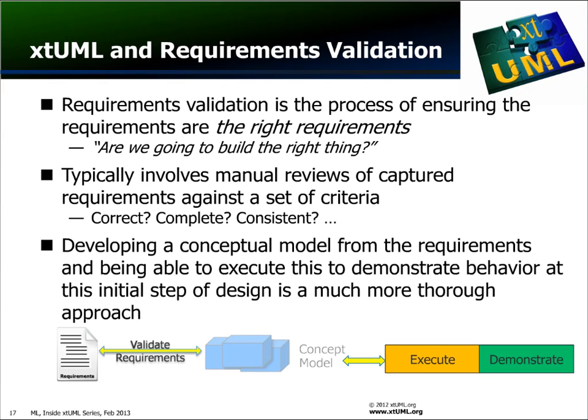As a first step in the design process, an xtUML model can be built that not only implements, but links directly to the system requirements. And we'll talk more about that in the next few slides. This model can be run to demonstrate the behavior that these requirements provide. This can be demonstrated, debated, and modified as necessary during an enhanced requirements validation phase of design.